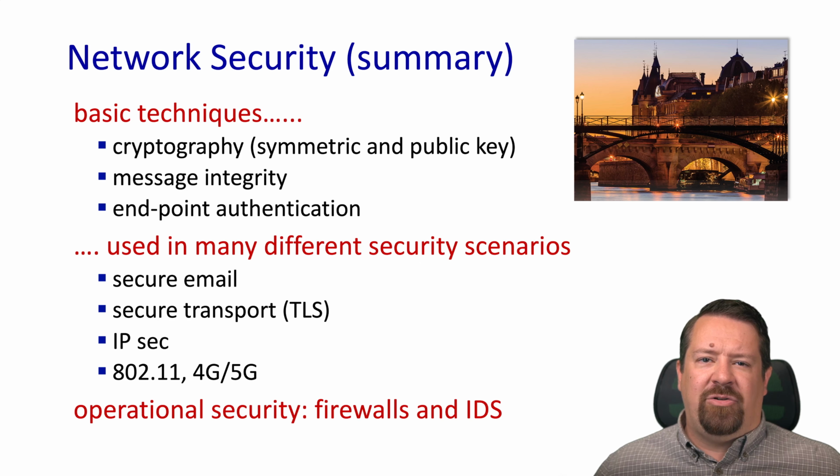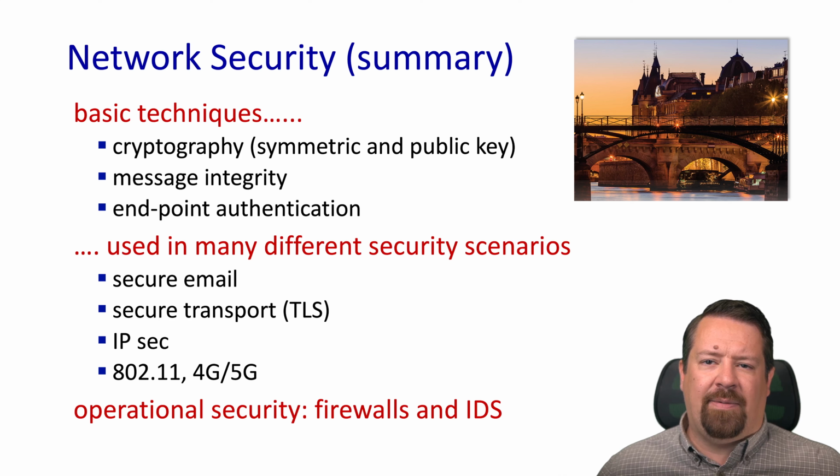This brings us to the end of our chapter on network security. We started off looking at basic techniques, including cryptography, both symmetric and public key cryptography, the concept of message integrity and endpoint authentication, and then we saw a number of applications of these.